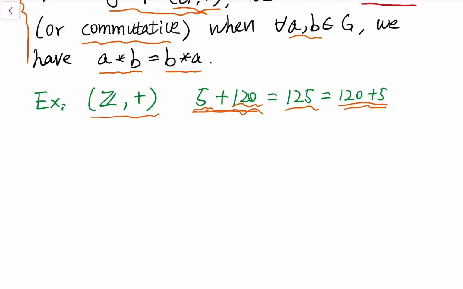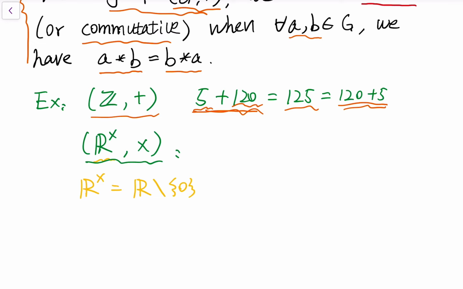Another similar group is the real numbers excluding zero under multiplication. Here the big R is the set of all real numbers, but if we put a cross symbol to its power, it means all the real numbers except zero.